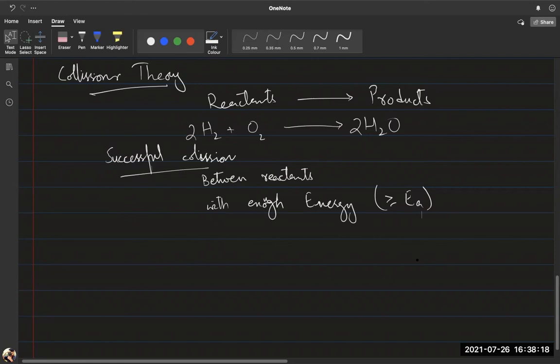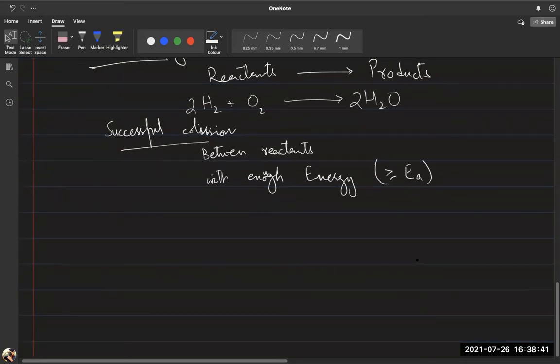And if you want the reaction to be slower, which does happen sometimes, then you want fewer collisions in the same amount of time. So when we want a high rate, we want more collisions per unit time, and when we want a low rate, we want fewer collisions per unit time. That is what successful collisions would mean.